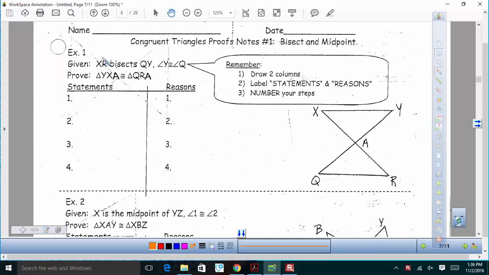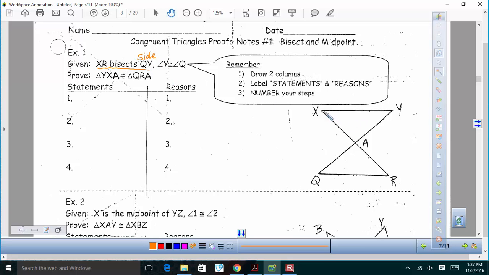Okay, so just like yesterday, we're going to look at first what's given. So we are given that XR bisects QY. So is QY a side or an angle? A side. So if it's being bisected, it's going to make two congruent sides.